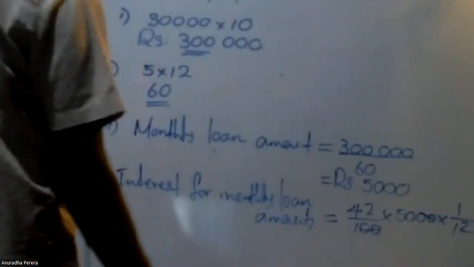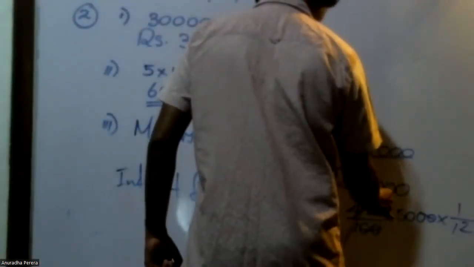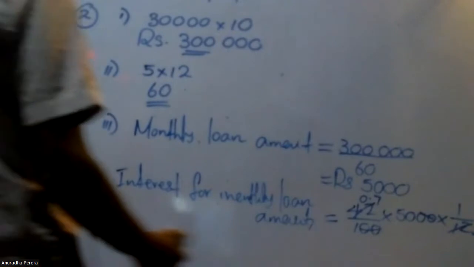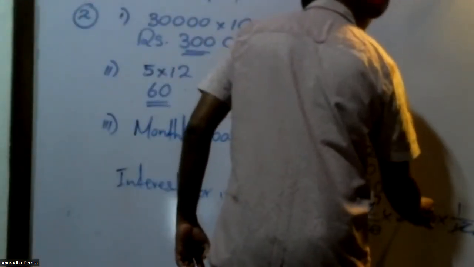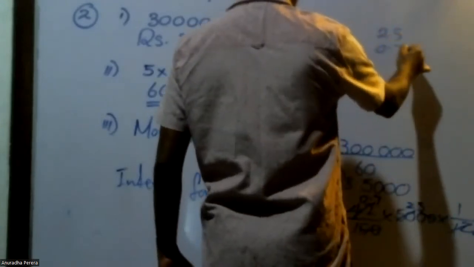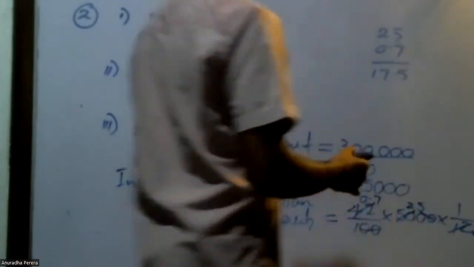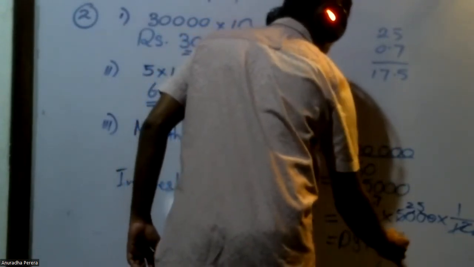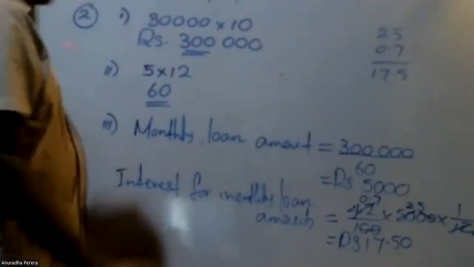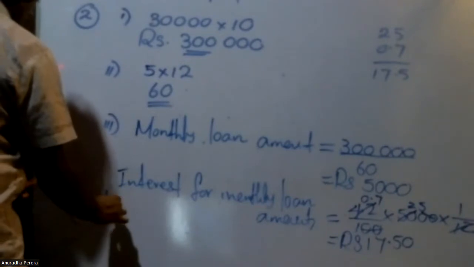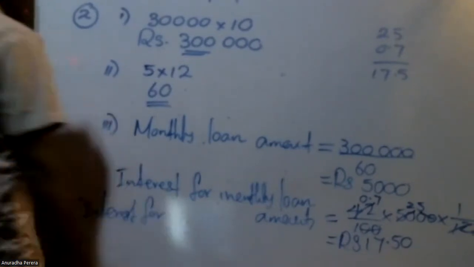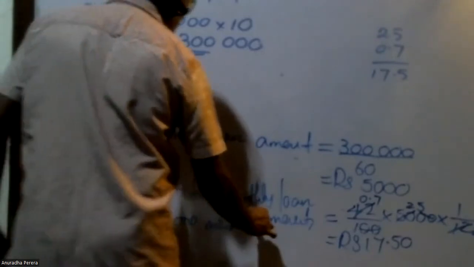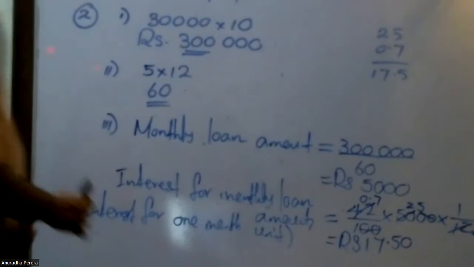Then divide by 12. 17.50. This is called interest for one month.